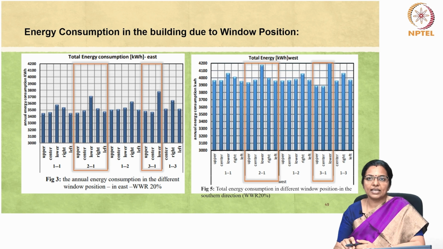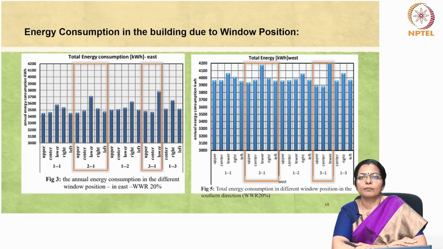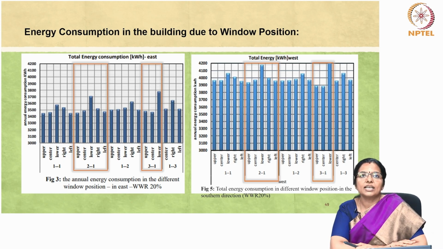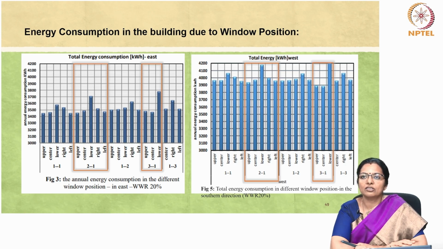If we look at the east and the west walls, it is evident that the energy consumption on the eastern facade decreases notably when utilizing the upper 1:1 square window configuration. However, the square opening positioned in the center of the wall results in relatively higher energy consumption, while the 2:1 and 3:1 openings cause even greater consumption compared to the former.